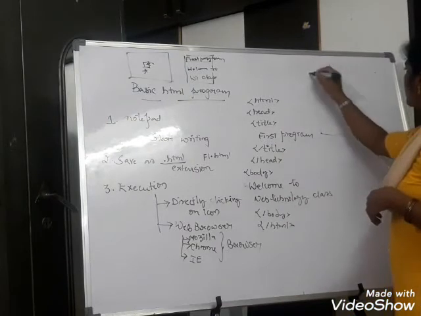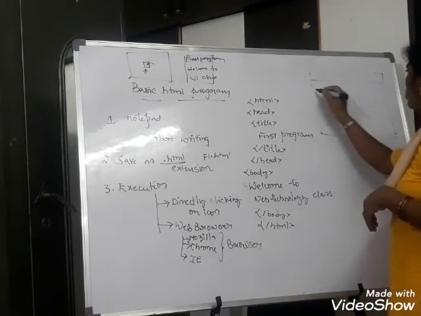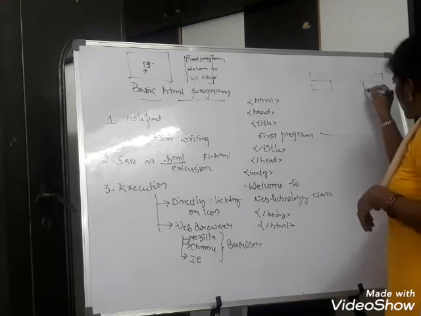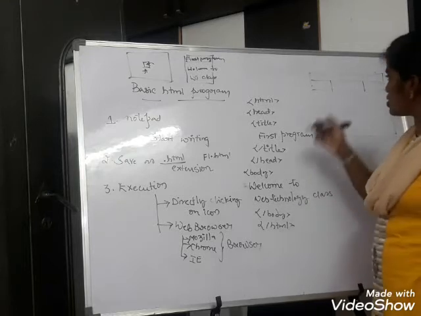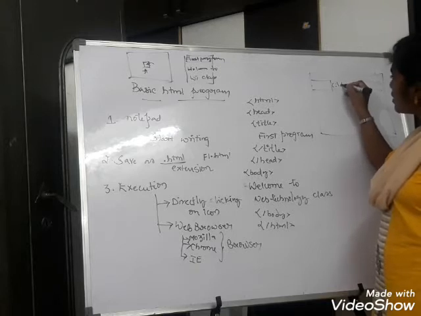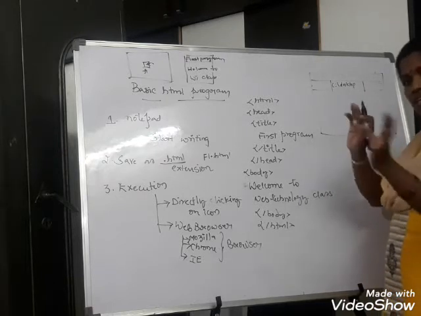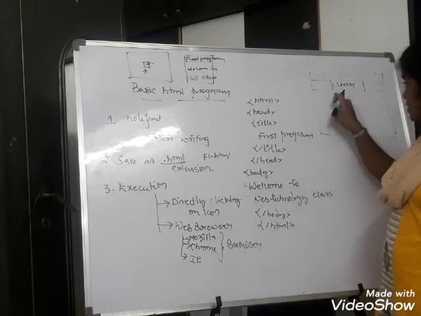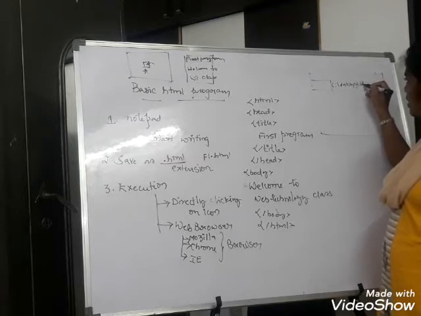When you open it, you will be able to see a page like this. Here you will be having all the tools. You will be having a space over here, which is nothing but your address bar, which holds your address. So here you have to type, suppose you saved it on the desktop, the complete address over here. So C:/desktop/ what was your file name? f1.html.